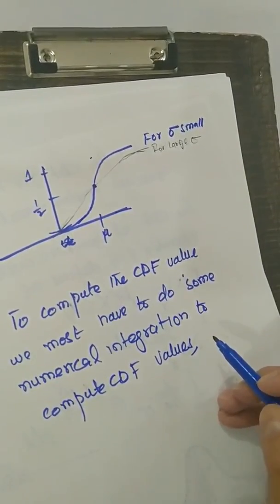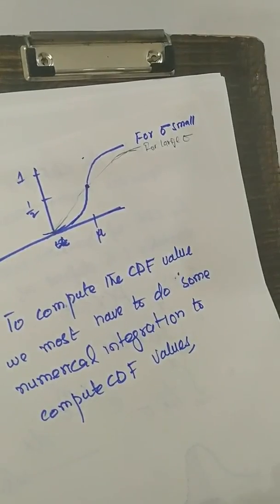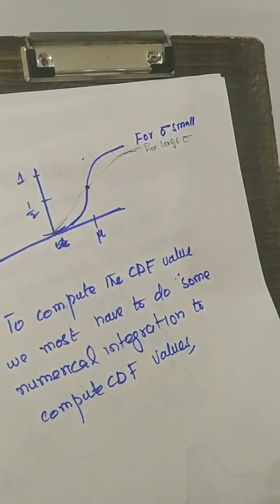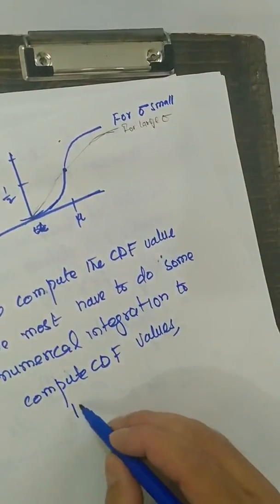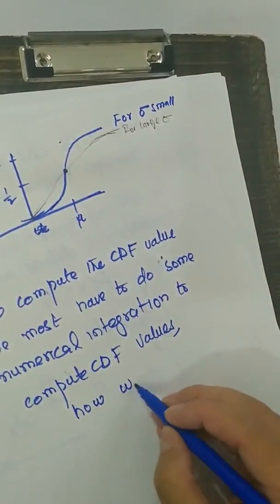First, we convert the Gaussian distribution into the standard normal Gaussian distribution. So how do we do this?